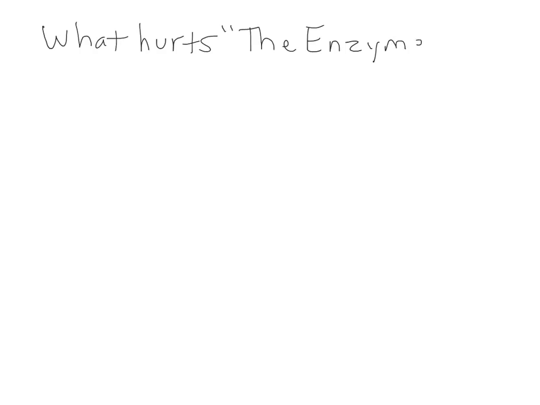The next thing that I want you to write down is what hurts the enzyme, because we're keeping with this same superhero theme, right? You guys know that Superman has something that hurts him, right? The thing that can kill Superman or injure him is kryptonite.